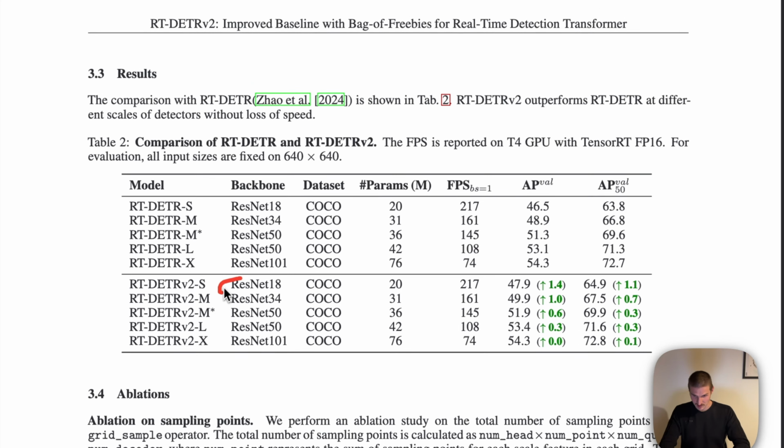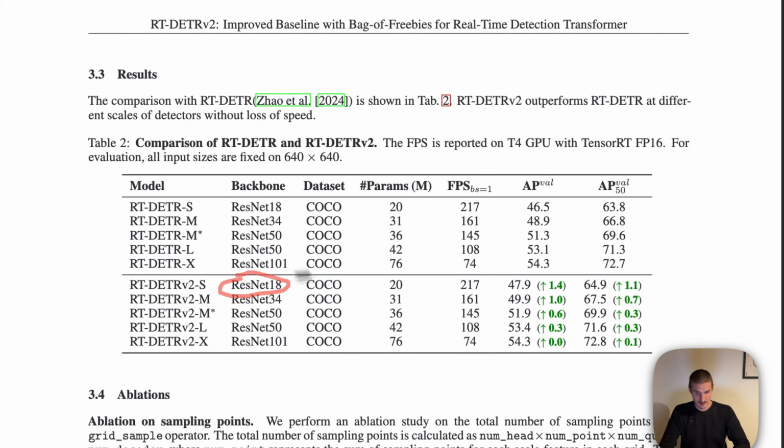But then the smallest model based on ResNet 18, which yields up to 200 frames per second, got the biggest improvement. So I would say this affects lighter versions of the model more. Nevertheless, still nice. Still, as they say, bag of freebies.